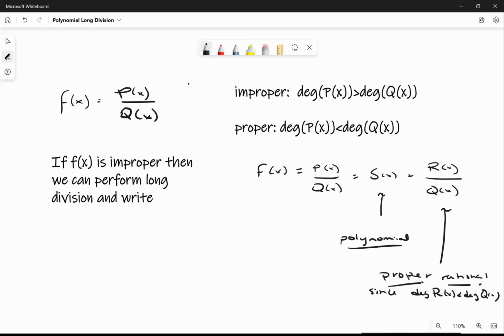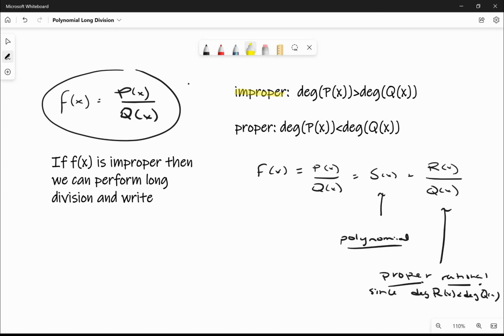So we are going to do an example here of polynomial long division. We know that if we have some rational function, where p is a polynomial and q is a polynomial, so we have a ratio of polynomials, then it's called improper if the degree of the numerator is greater than the degree of the denominator.